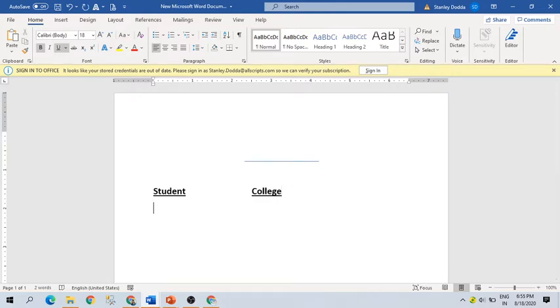Column names, that is attributes: student ID, and in college we have college ID.